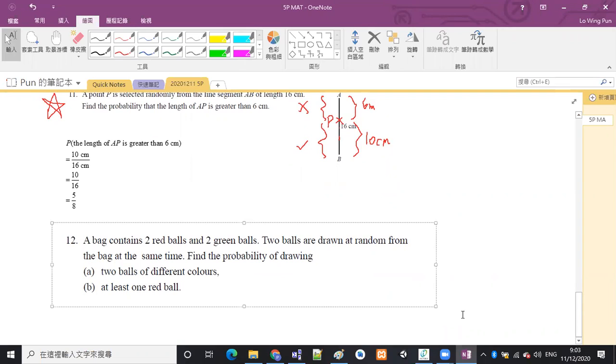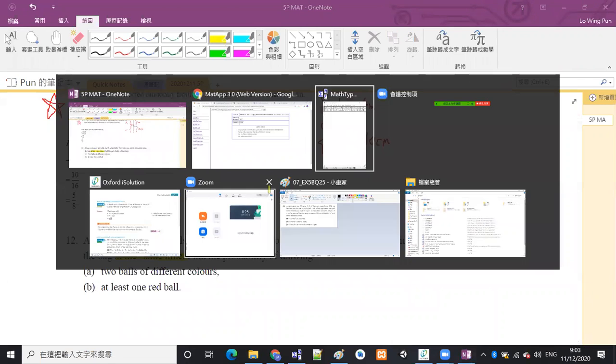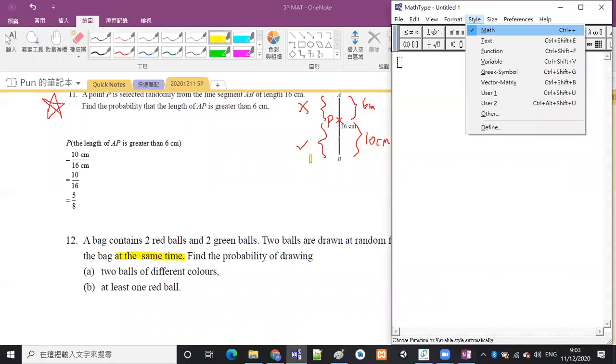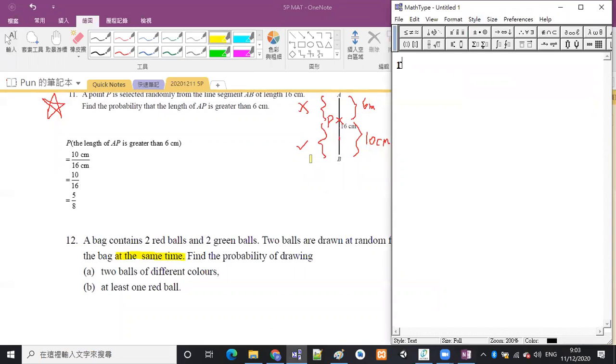Okay, but what is implied by this sentence at the same time? It just means that repetition is not allowed.